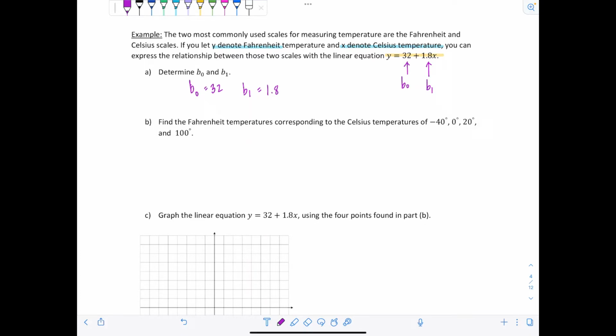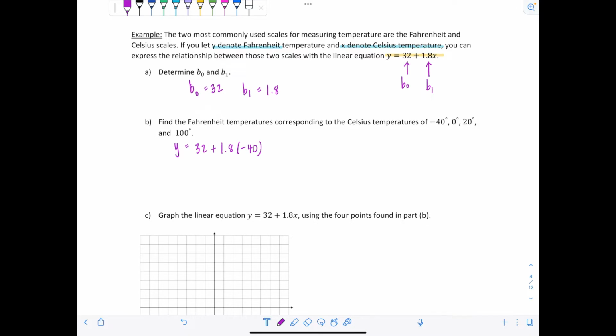Find the Fahrenheit temperatures corresponding to the Celsius temperatures of -40 degrees, 0 degrees, 20 degrees, and 100 degrees. So here we go. They want the Fahrenheit temperatures, which is y. So y is 32 plus 1.8 times -40.